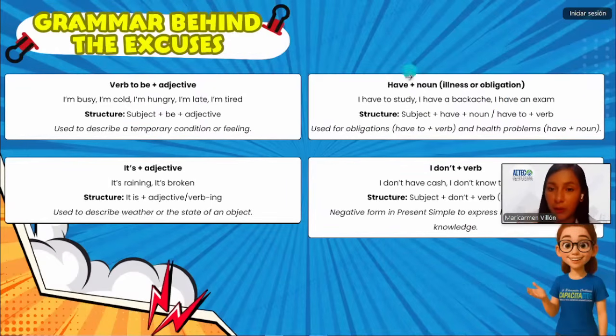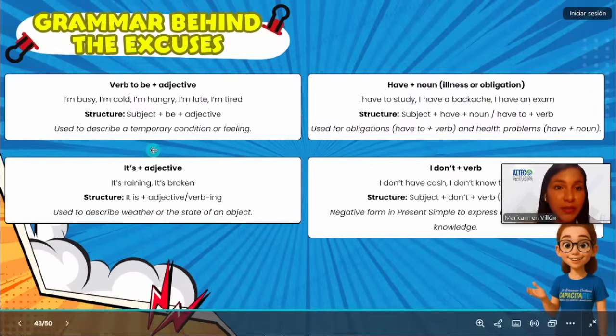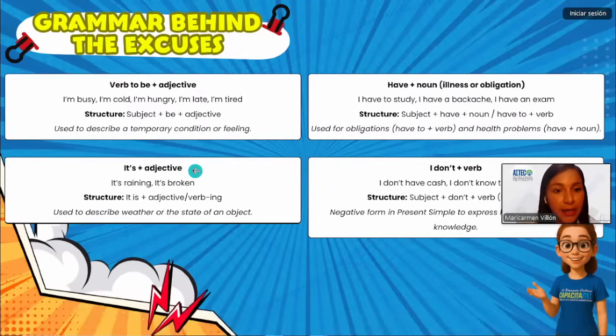¿Ok? Entonces, recuerden, pueden utilizar have to más el verbo para obligaciones y para indicar que tienen algún problema de salud, el have y el noun. Como por ejemplo, I have an exam. Cómo más podemos dar razones o excusas. Aquí tenemos it's plus adjective, or the verb with ing.